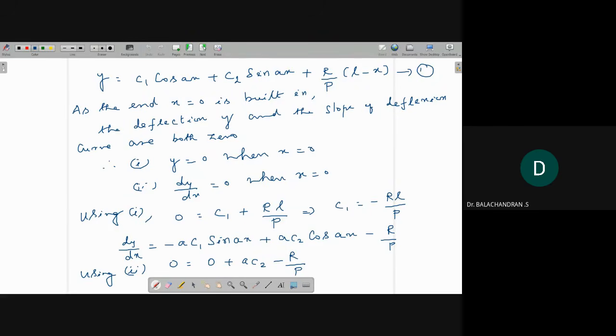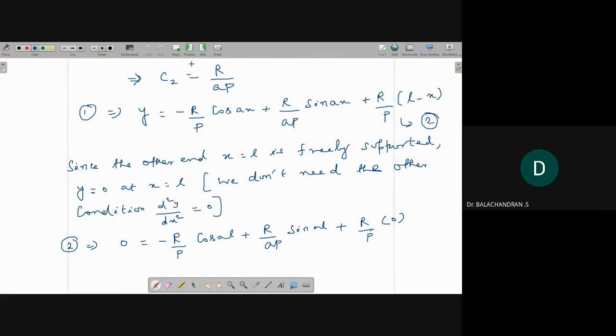You could have told me earlier, thank you. y equals minus RL by P cos ax plus R by aP sin ax plus R by P into L minus x. And then here also RL.